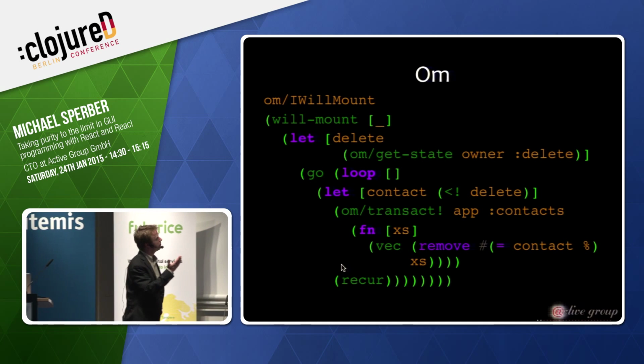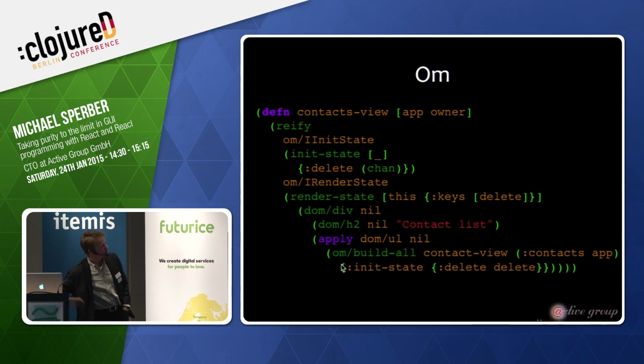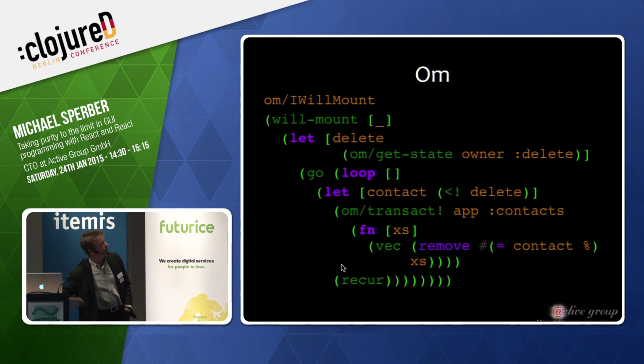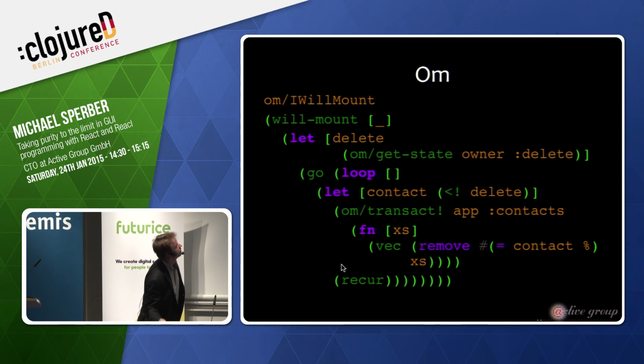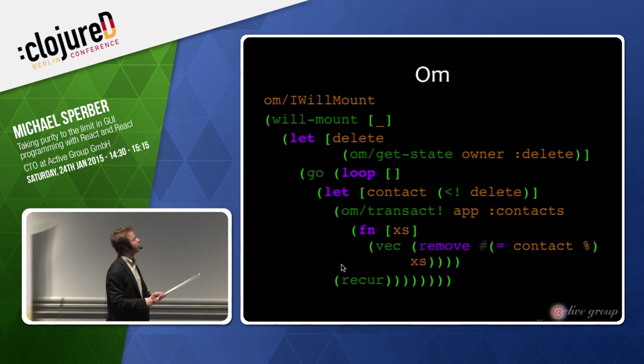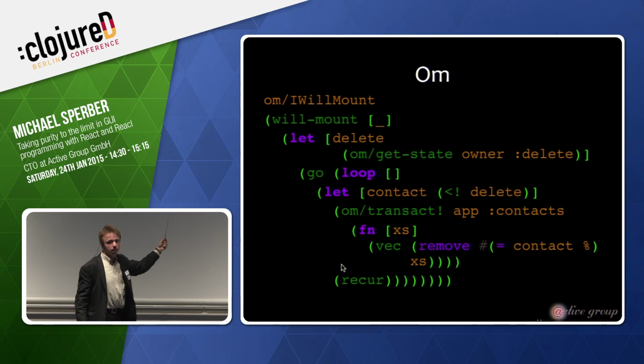So in this case, this is some application for contacts, and there's a delete button somewhere. And instead of just calling directly a callback when somebody pushes the delete button and then effecting the corresponding change in the model, what David did in the tutorial example is he sends a message to an Om channel, and upon creating the React component, he creates a core async go loop that will listen on that channel and will try to make the corresponding change.